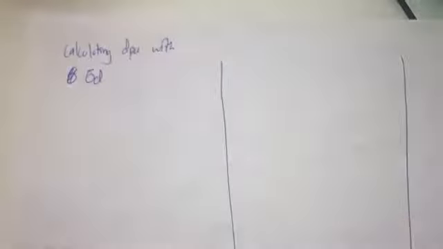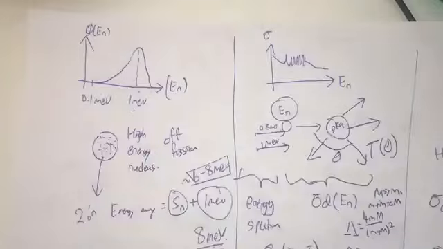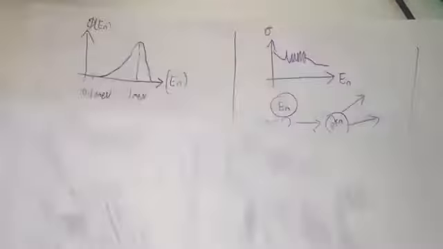So in the last videos, we were reminded that the DPA, if we use a very simplistic approach, is 3.77 for the fission reactor, and this was our displacement cross-section, which I will just write again here.